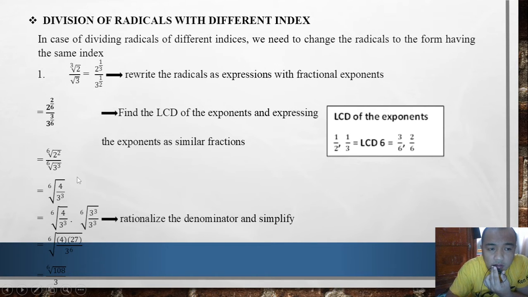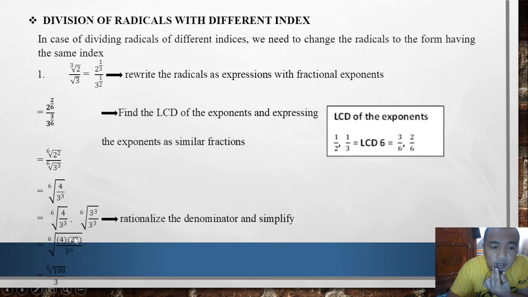Then, since there is a radical in our denominator, we will rationalize the denominator and simplify. What will be multiplied? 6 root of 3 cubed also, so that it becomes 6 and cancels. So 6 root of 4 over 3 cubed times 6 root of 3 cubed over 3 cubed, still equal to 1.